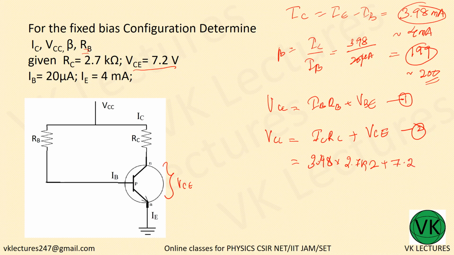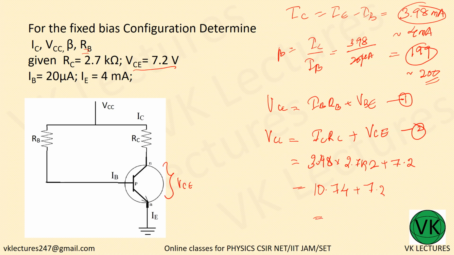Okay. Now 3.98 into 2.7. What is that value? See, most of the cases you can use 4 also, but here let us go with the approximate value, 3.98 into 2.7. So 10.74. So 10.74 plus 7.2.